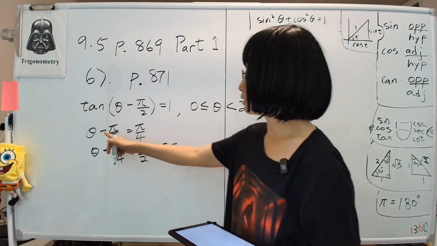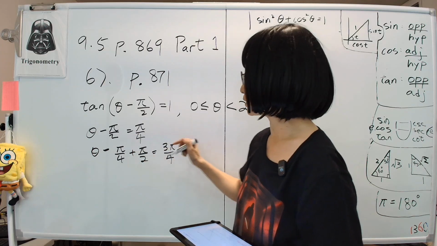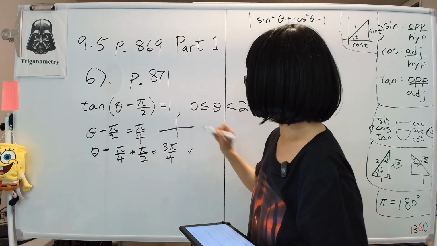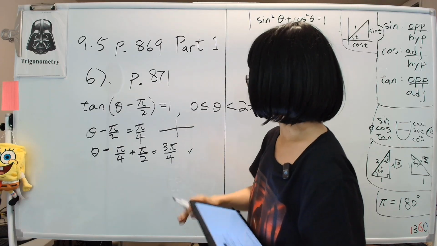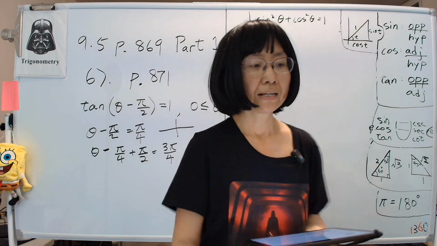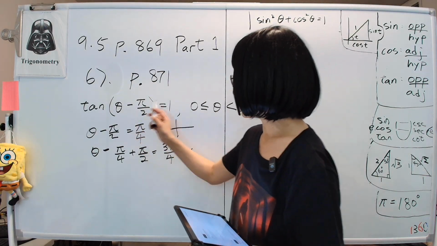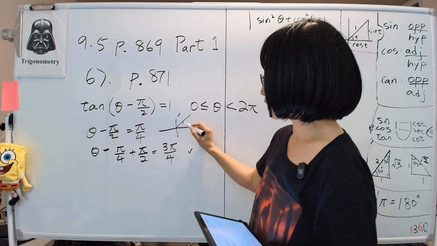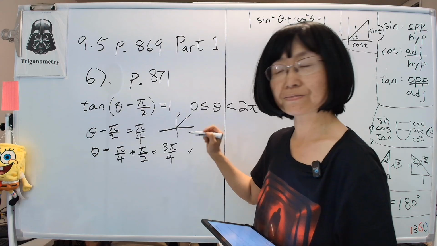But there will usually be another option. The tangent being positive is, of course, the positive angle here, pi over 4, or 45 degrees.